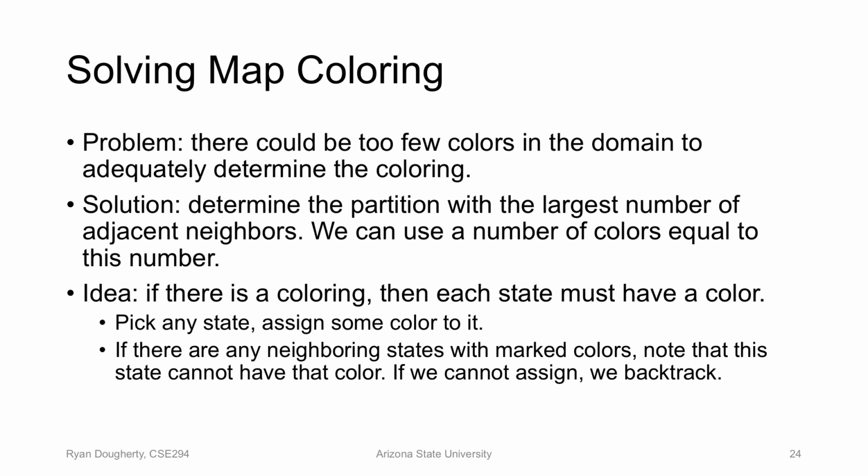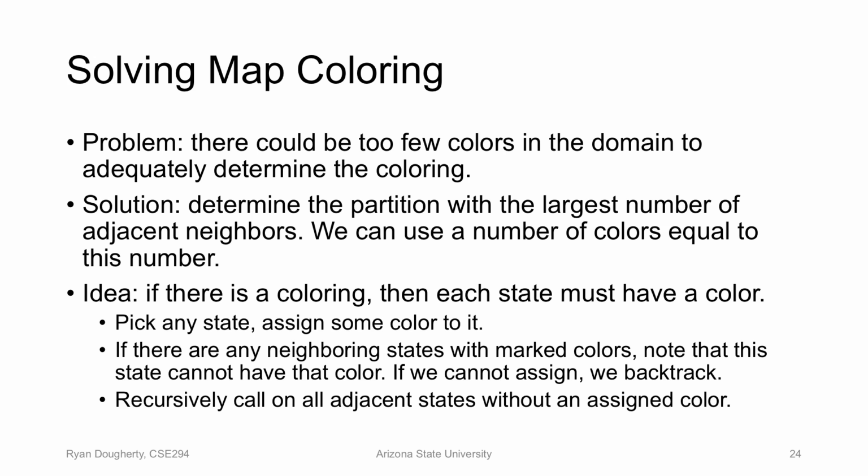And if we can't assign a particular state a color, say all the neighbors around it have all 4 of the colors, and I only have 4 colors, then I can't assign that state any color. So I must backtrack. So it's really a backtracking and constraint satisfaction approach. And then we just do a recursion on all the adjacent states that don't have an assigned color.